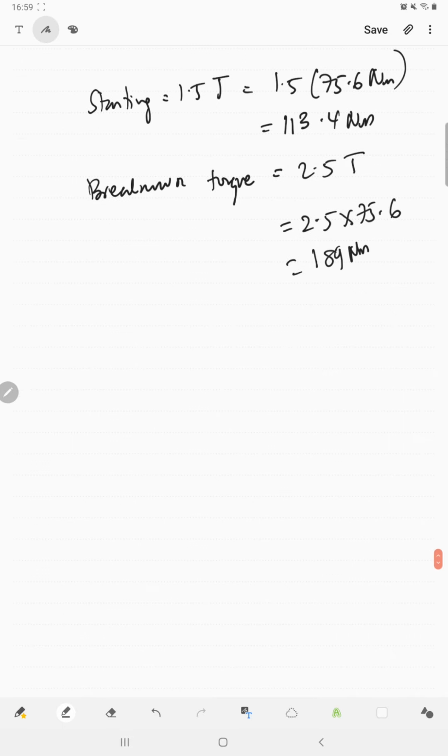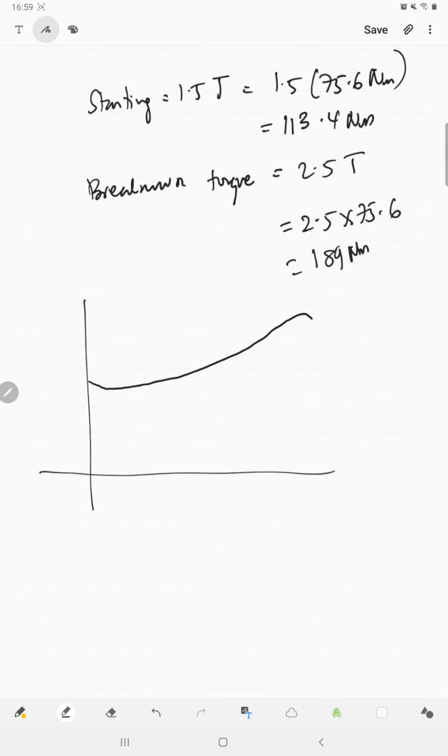And you need to sketch a torque speed curve. So basically, you just follow the graph of an induction motor, and you need to plot it here.